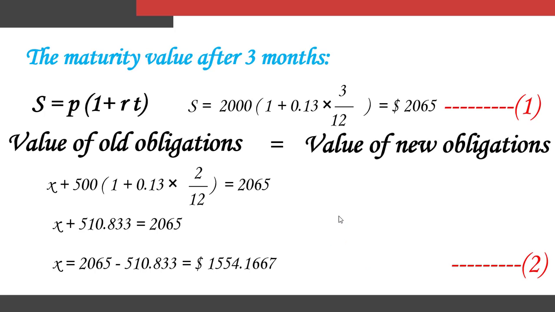So the value of $500 will be equal $510.833 plus X will be equal 2,065. So X will be equal $1,554.1667.